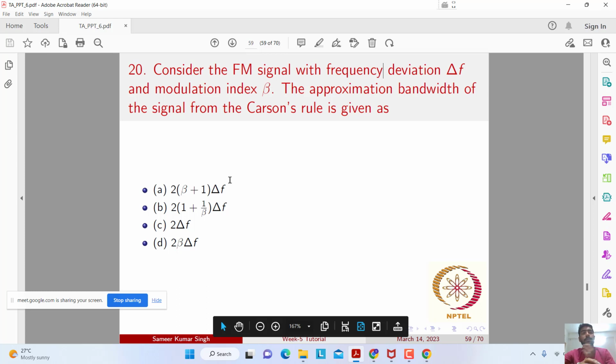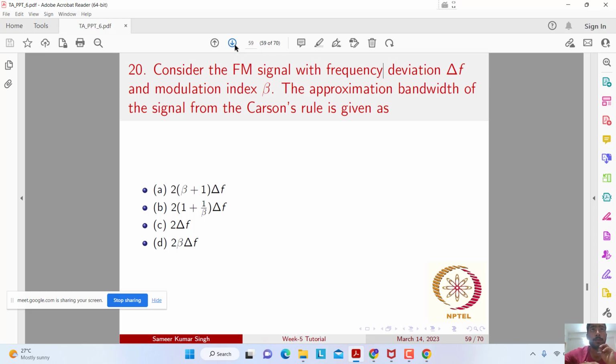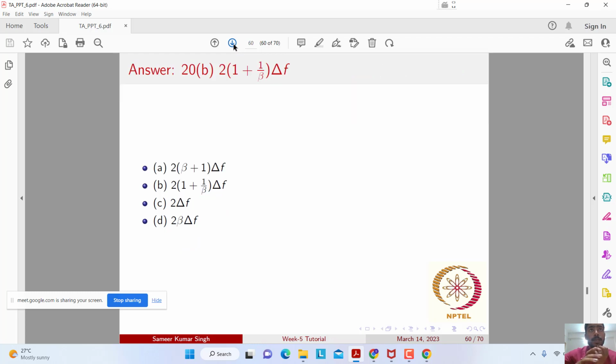Check your notes. I think sir derived these formulas. Answer will be part.